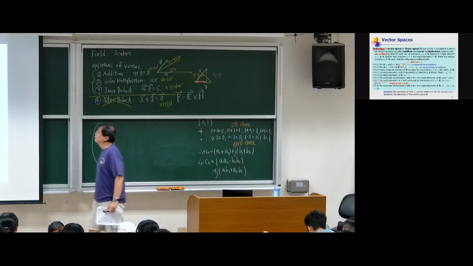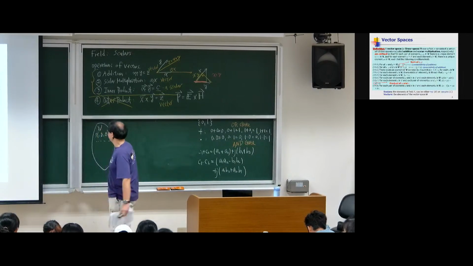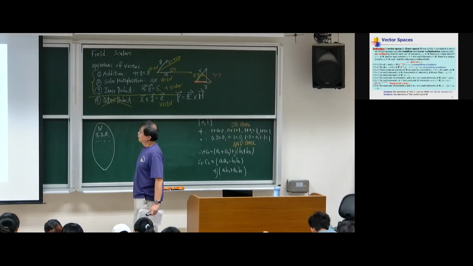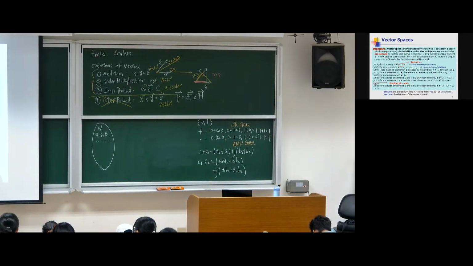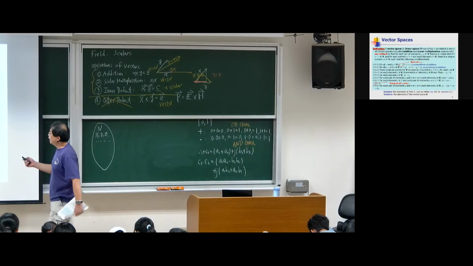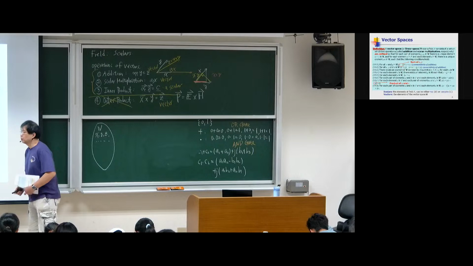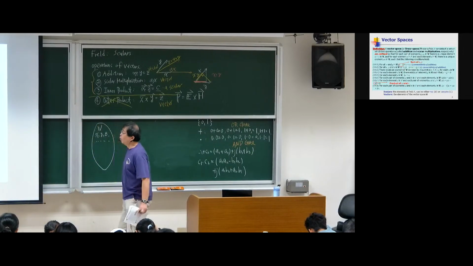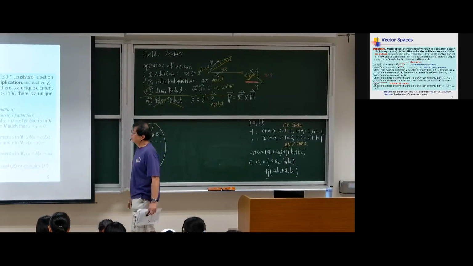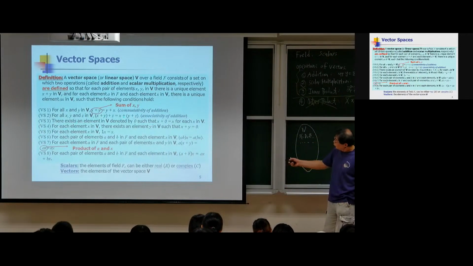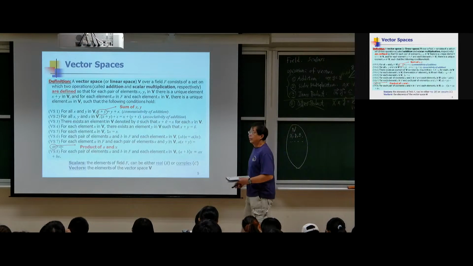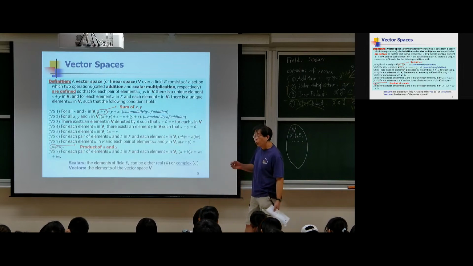For the vectors in this vector space, we have the first property, VS1. For all X and Y in V, we have the commutativity law of addition. So we can exchange the order of two vectors under the addition operation: X plus Y equals Y plus X. The order is not important, but in some operations the order is important.